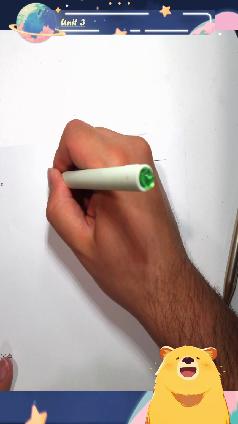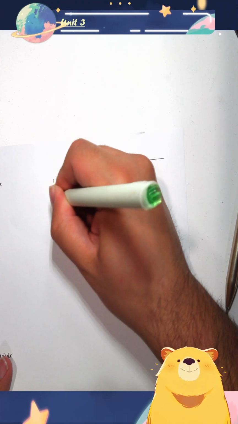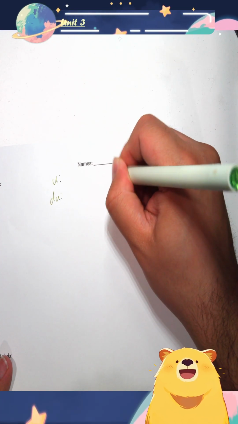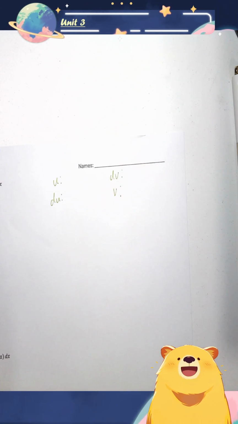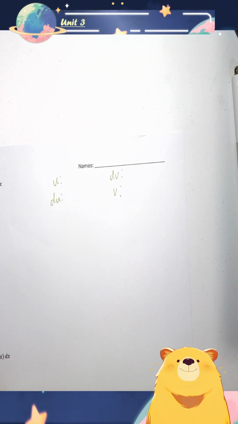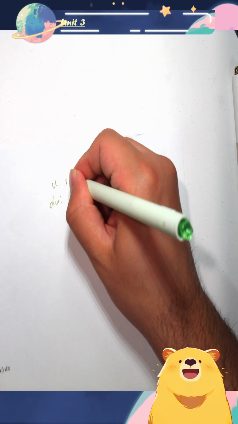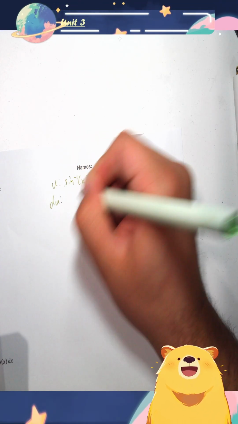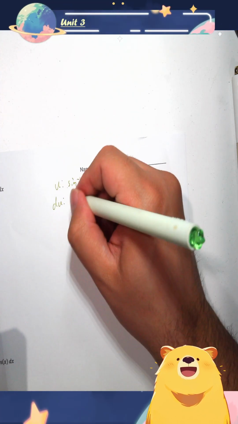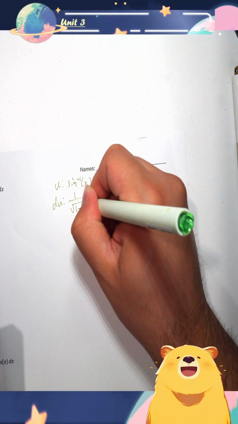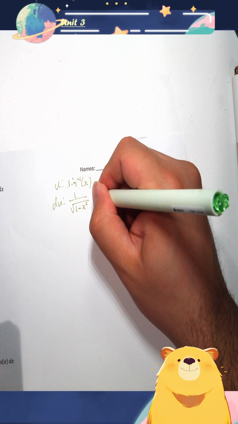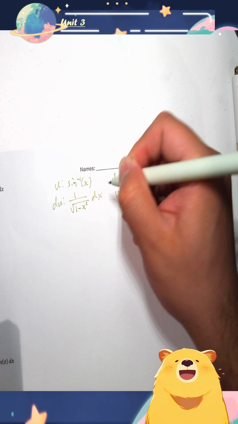Number 3, again, we're doing the attempt where we do the integration by parts to just make the problem more legible. So u will be sine inverse of x. So the derivative of that will be 1 over the square root of 1 minus x squared, and then dx.